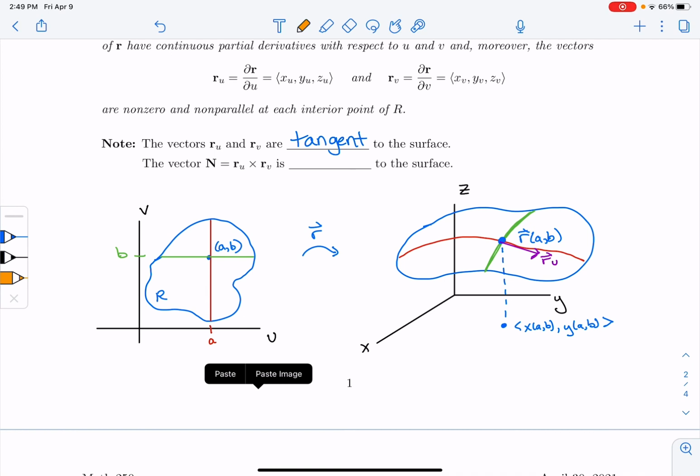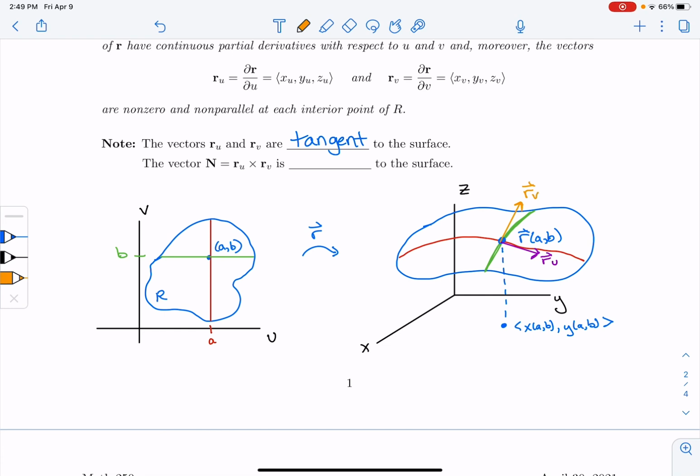Let's pretend that it goes this way. We'll call that tangent vector r sub v.